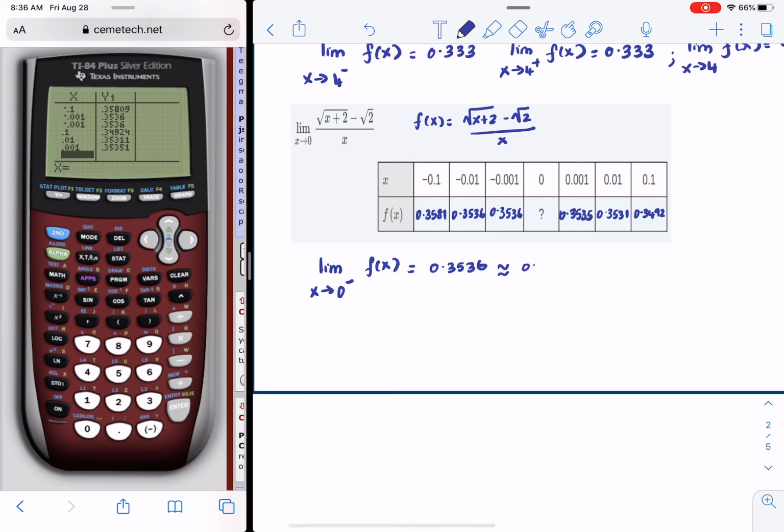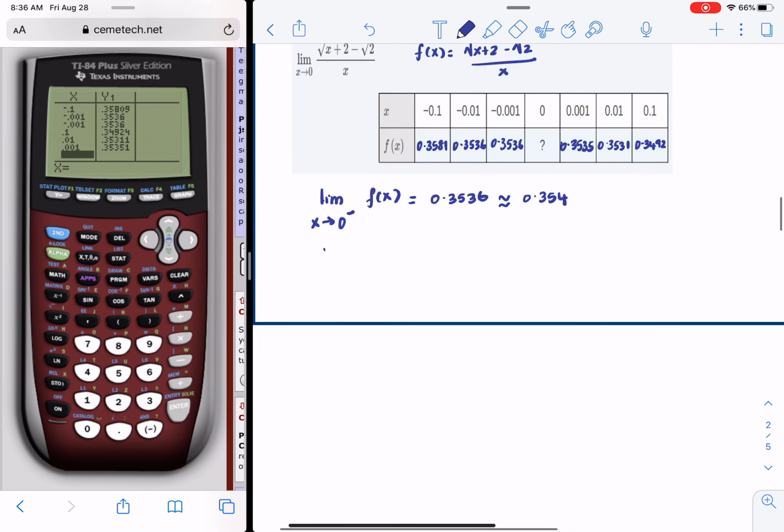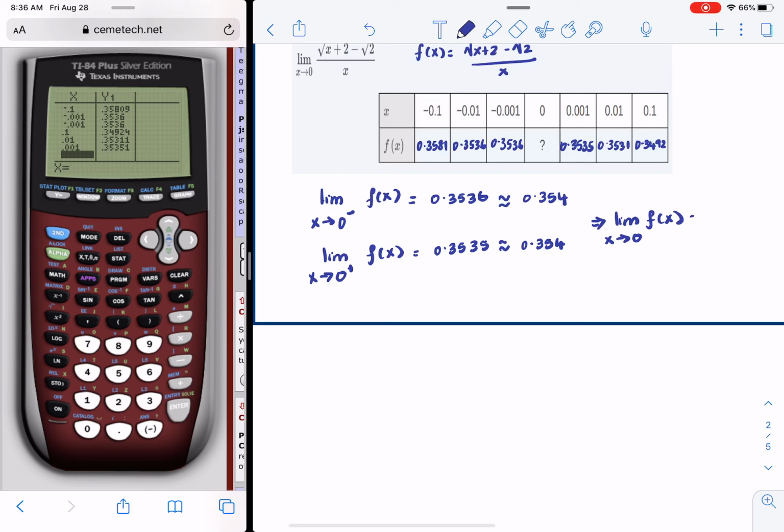So 0.3536, I could round it and write it as 0.354. I could do the same thing on the other side and round 0.3535 to 0.354, which would imply the limit as x approaches 0 of f of x is equal to 0.354.